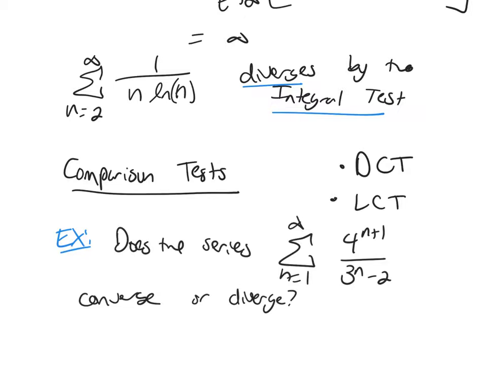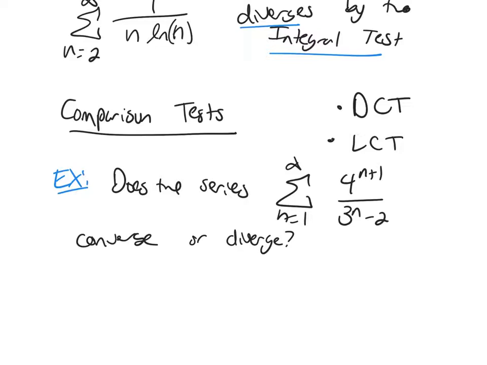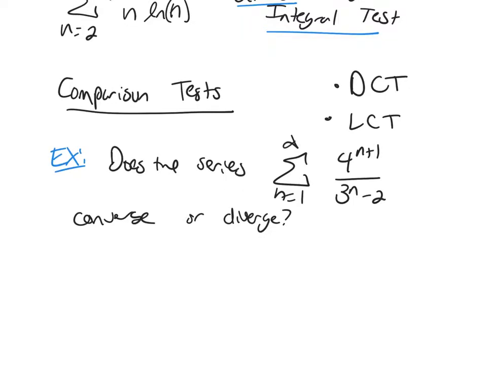Remember that in order to use a comparison test, your series has to have positive terms. This series is always positive. And remember, we have to come up with a bn and we make small changes. So in this case, the small change I'm going to make is I'm going to get rid of the minus 2 in the denominator.